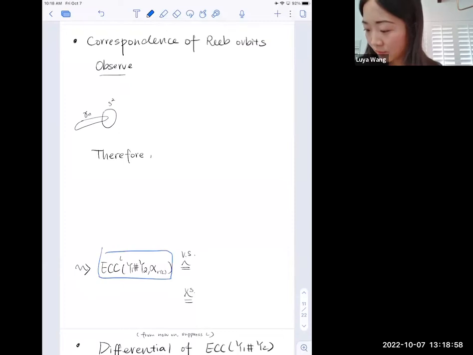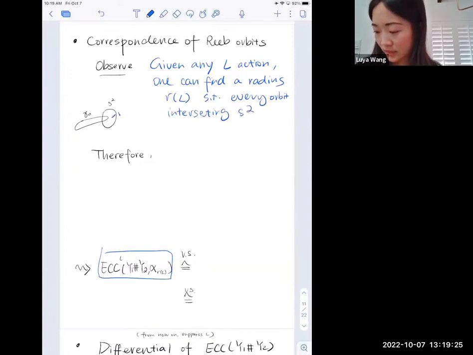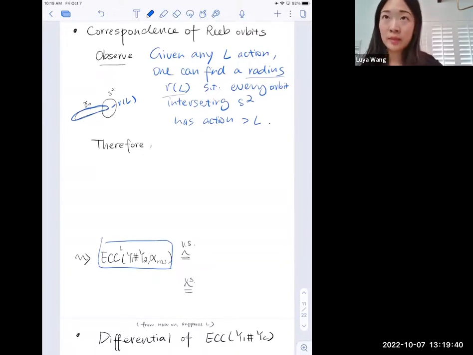First observe that given any action, any real number L, one can find a radius R_L such that every orbit intersecting S2, which has radius R_L, has action greater than L. So there exists such a radius. And this is just a compactness lemma.